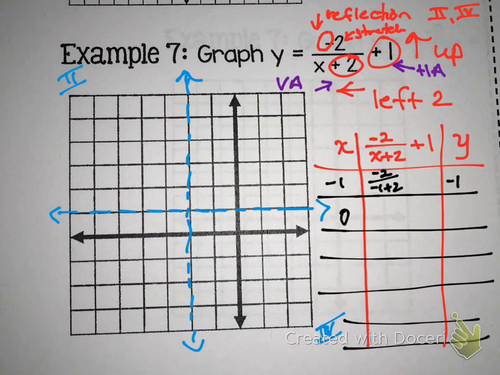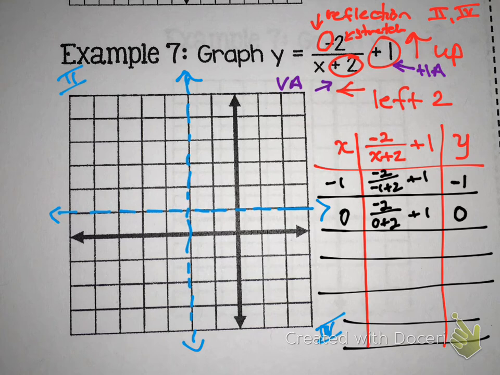Oh wait, did I divide right on that one up above? I don't think I did. I forgot the plus 1 on the end. So that would be -2 over 1, so -2 plus 1 is going to be -1. This is going to be -1 plus 1, which will be 0.